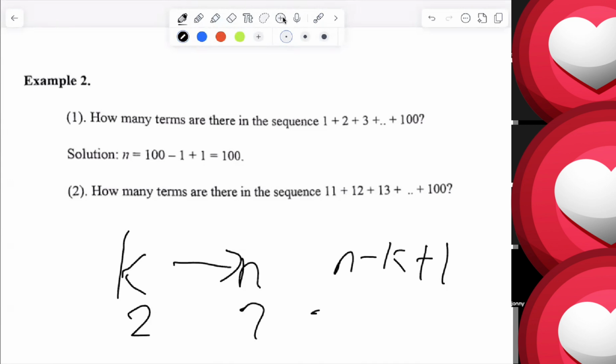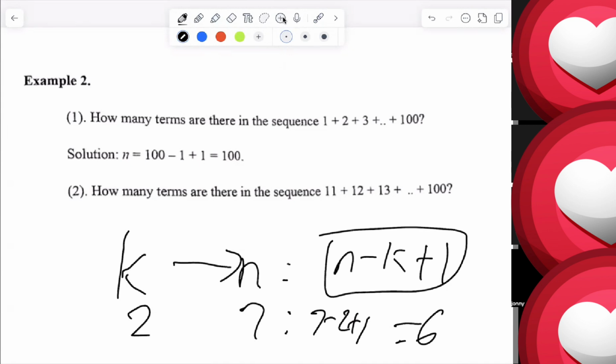In this case, it's 7 minus 2 plus 1, or 6. And that is indeed true, as we have 2, 3, 4, 5, 6, 7. There's a total of 6. So this formula does indeed work. Now plugging it in for 11 to 100, we get a total of 90 numbers.